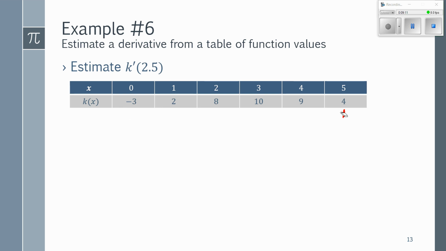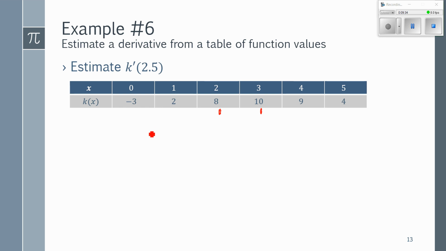So instead of 0 and 5, I could say, well, let's use 1 and 4. I've now moved closer, so my estimate is going to be better, but is that as close to 2.5 as I can get? And no, it's not. The closest I can get is if I find the slope using an x of 2 and an x of 3.